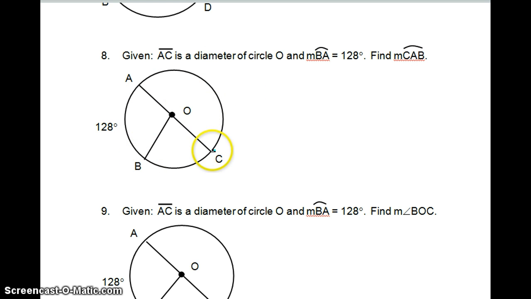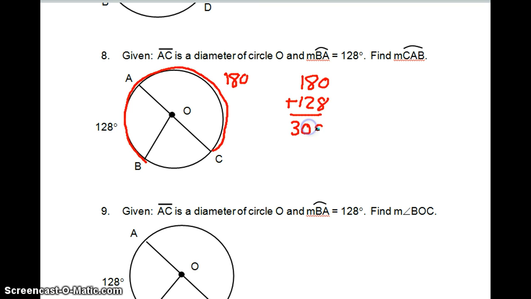Well, we're going all the way from here, all the way around to here. We know this part over here is 180. So if we do 180 plus 128, that gives us 308 degrees.